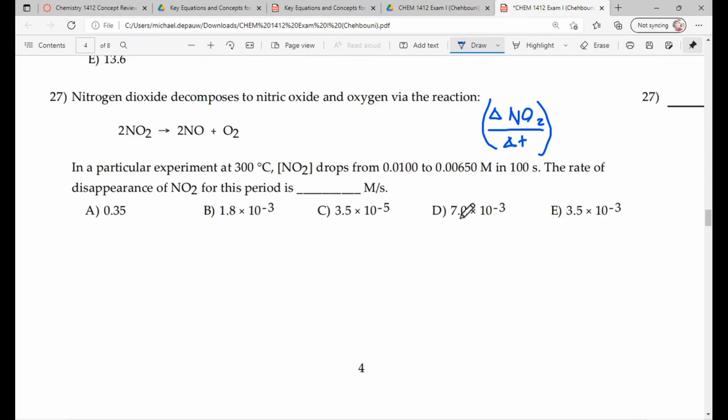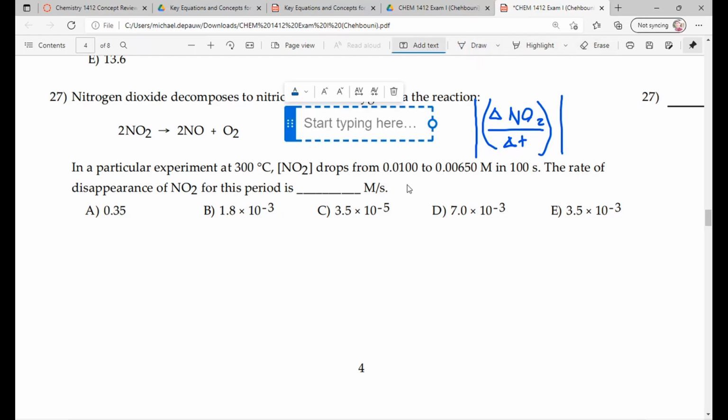Now, if it was asking you for the rate of the reaction, I'll write it as rate of disappearance. Rate of disappearance equals the absolute value of that.